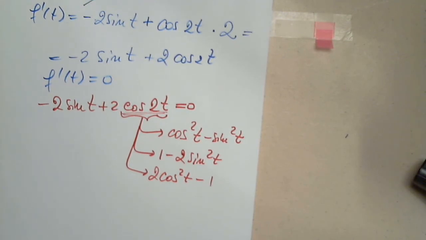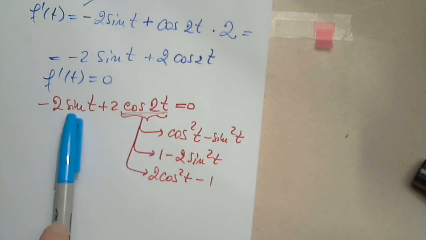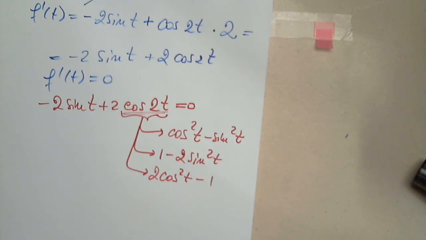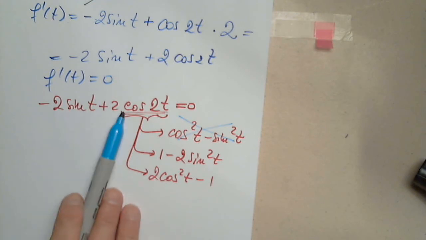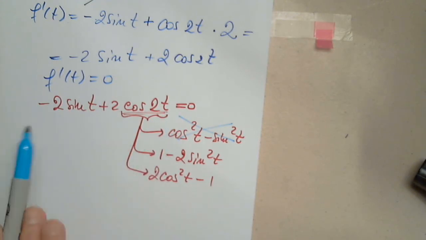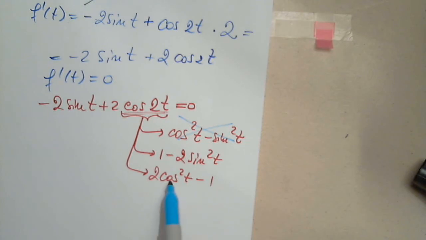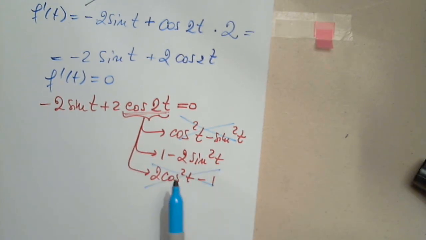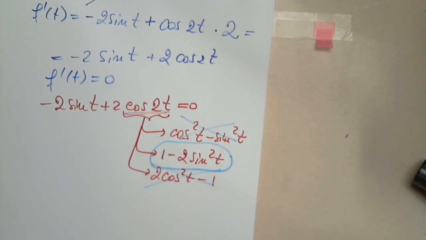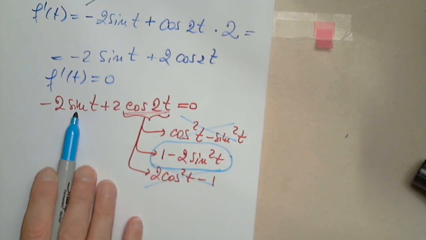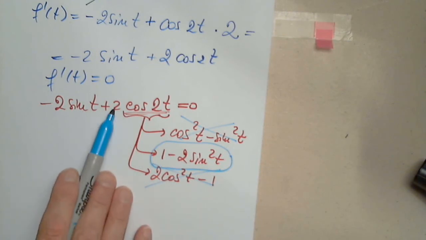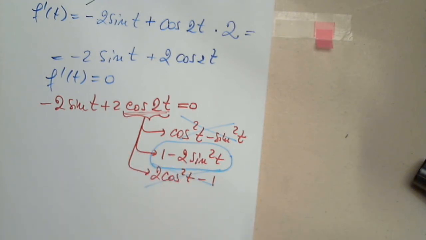I have to choose the right one for the situation. The one that only has sine in it. This one will not work. It's a good one, but it will not work, because then I will have again sine and cosine in the same equation. I don't want that. I only want one or the other. This will not work, because then I have sine and then cosine squared. This is the only one I want to use, because again it only has sine in it. So I'll have to distribute 2 to these two terms. So let me write it first again.